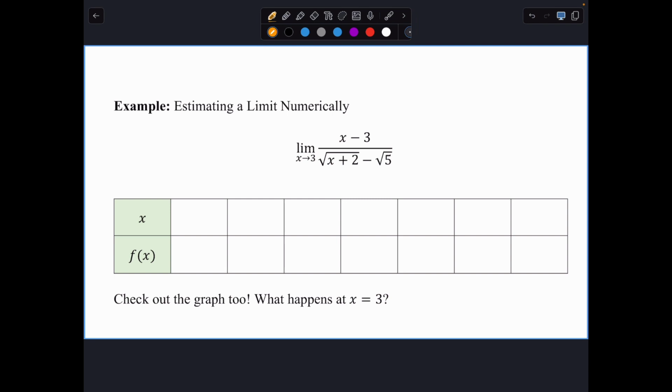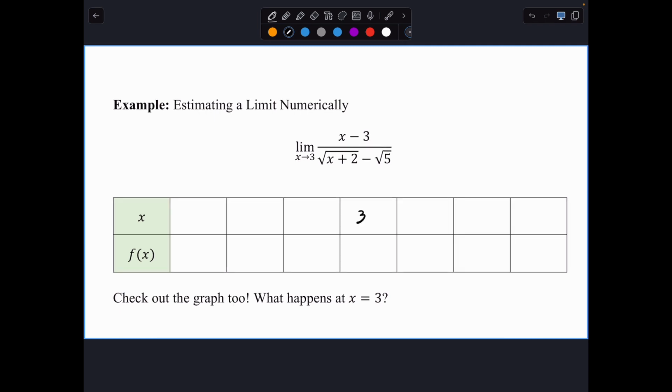Okay, and then I go over to the table. Now this limit is asking us what's happening to that function as x approaches 3. So I'm going to put 3 in the middle, and then I'm going to choose values that are directly to the left of 3 and directly to the right.